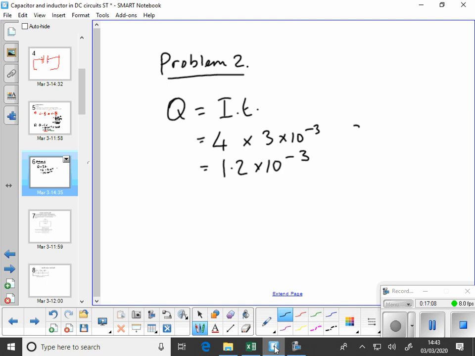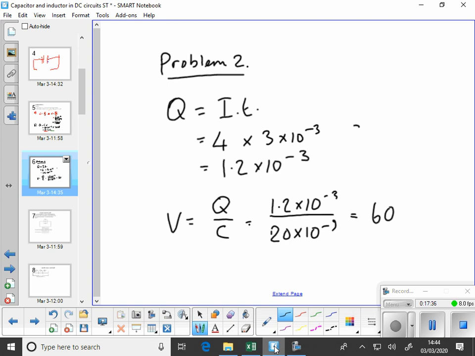Yep. And then find the voltage between the plates. V is equal to Q over C. That's 1.2 times 10 to the minus 3 over 20 times 10 to the minus 9 equals, I've got 600 volts.